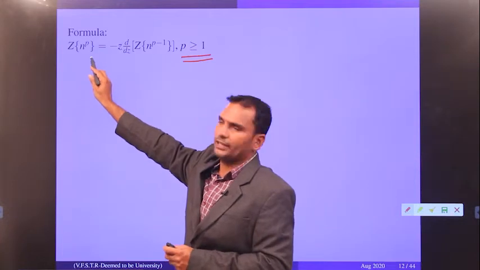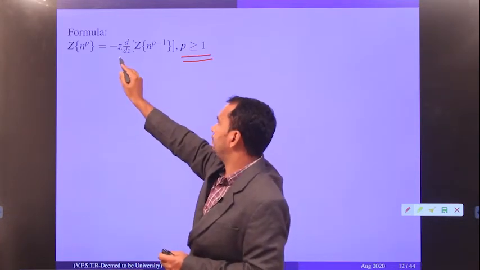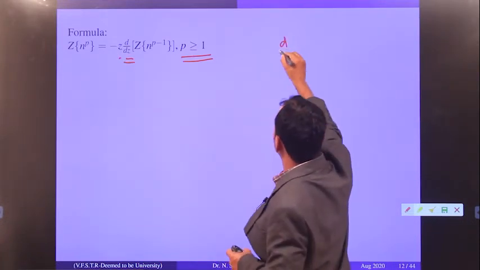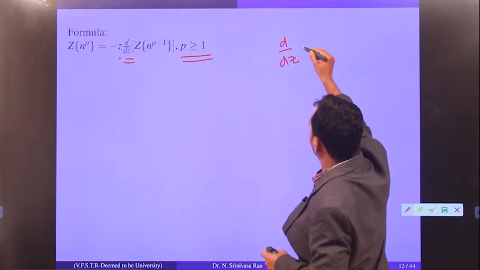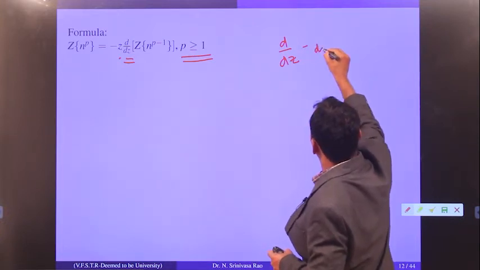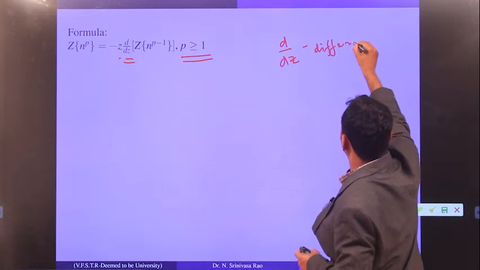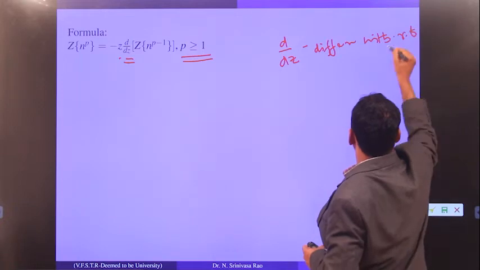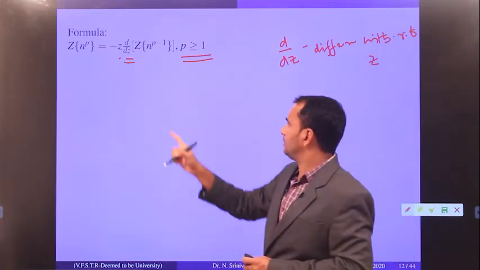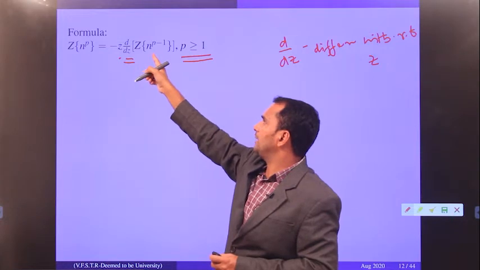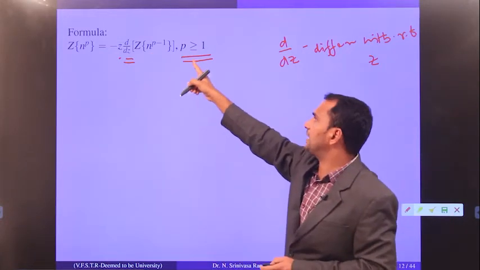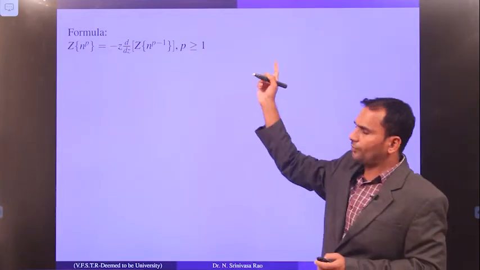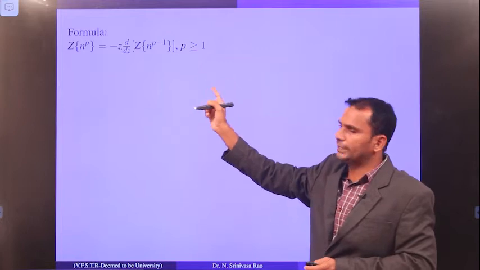So d by dz represents the derivative, the differentiation of a function with respect to z. This is a formula you have to remember always, so no need to prove.